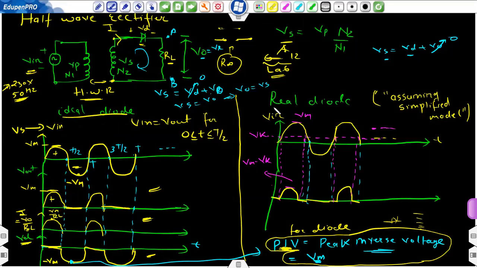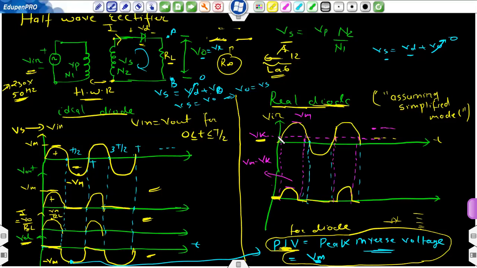And when your diode is real, we have already discussed in great detail that till Vk, Vin is increasing from 0 volt and will rise gradually, and till Vk your diode will be in off state, where Vk is the knee voltage of your diode. Since it is in off state, it will be considered an open circuit, and open circuit means voltage V out will be 0.